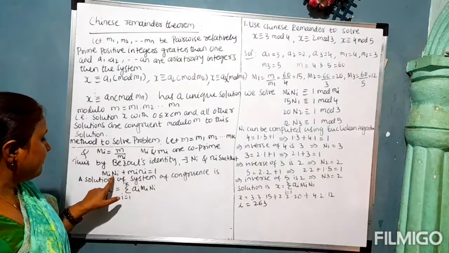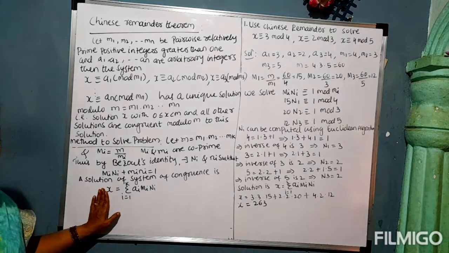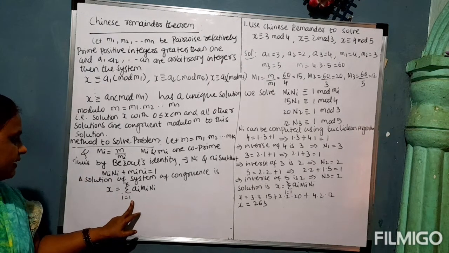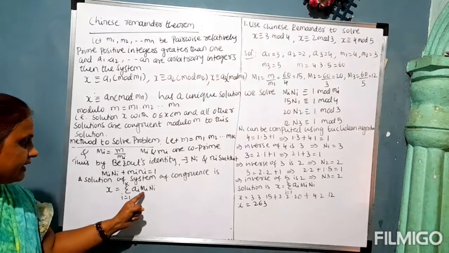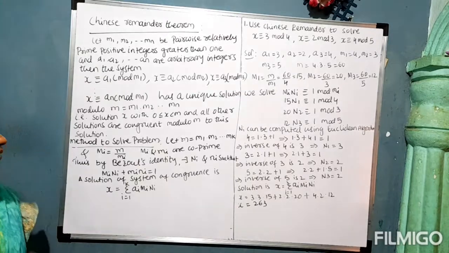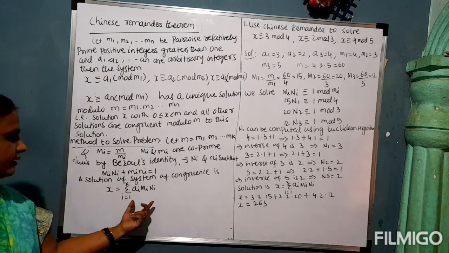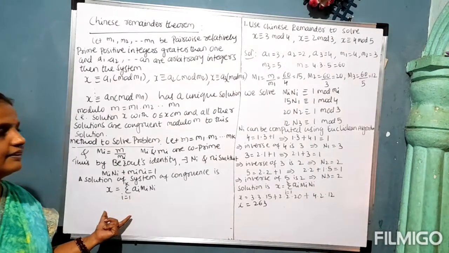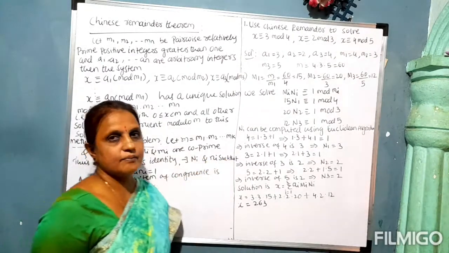So if we find Ni, we get the solution. The solution is x equal to the summation from i equal to 1 to k of ai Mi Ni. For each congruence we find capital Ni and take the product of these three, which gives us the solution.